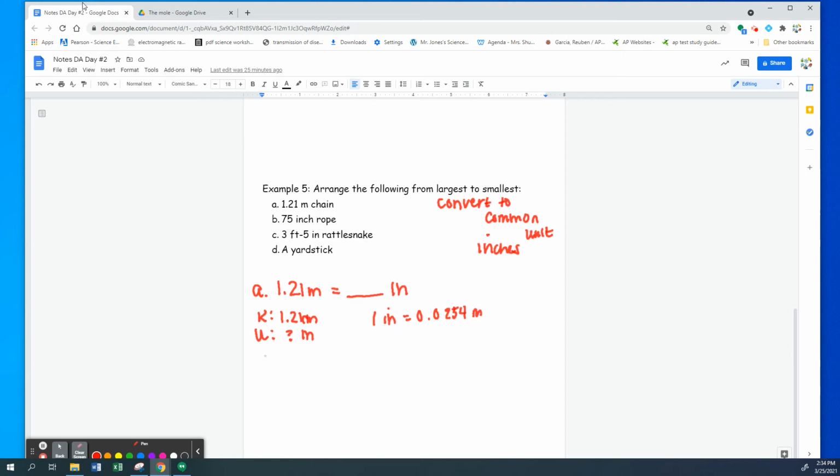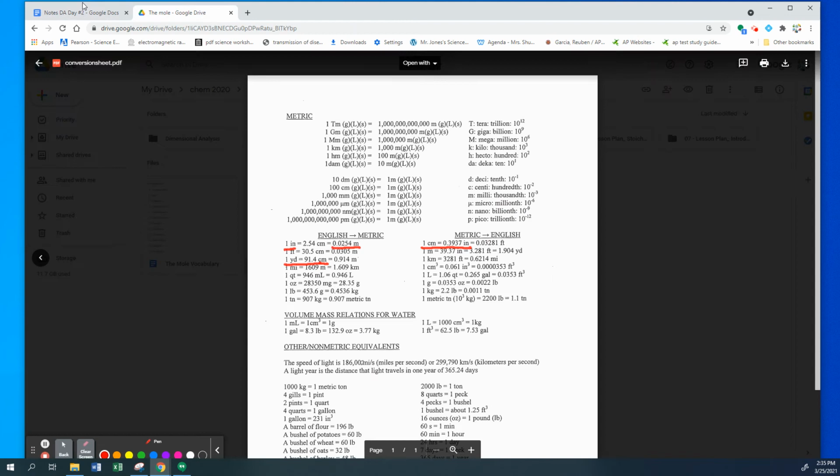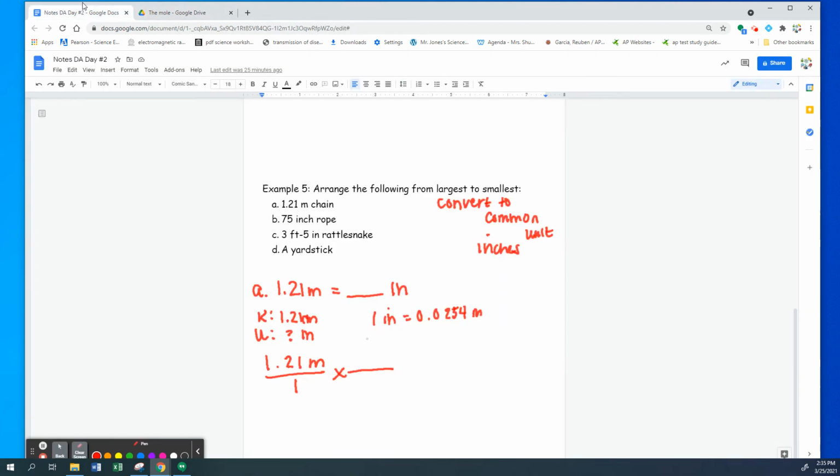Okay. I'm going to take my known 1.21 meters, put it over 1. My meter goes on bottom, so I'm going to put 0.0254, just making sure that's correct, and that equals 1 inch.